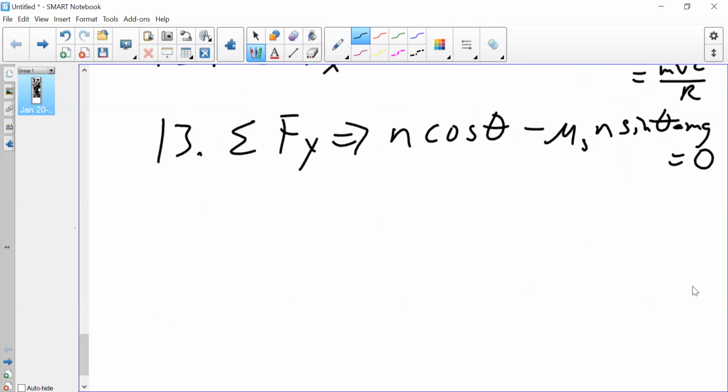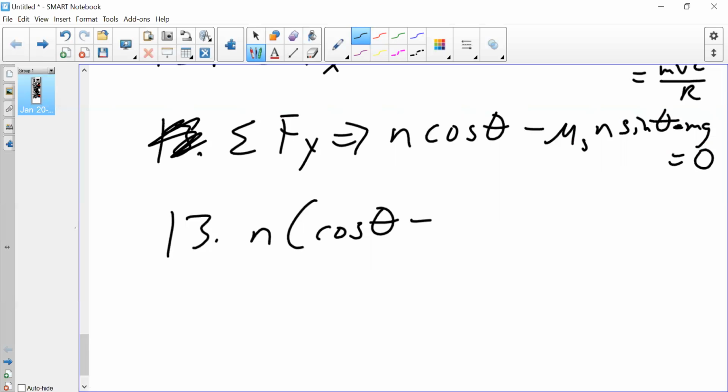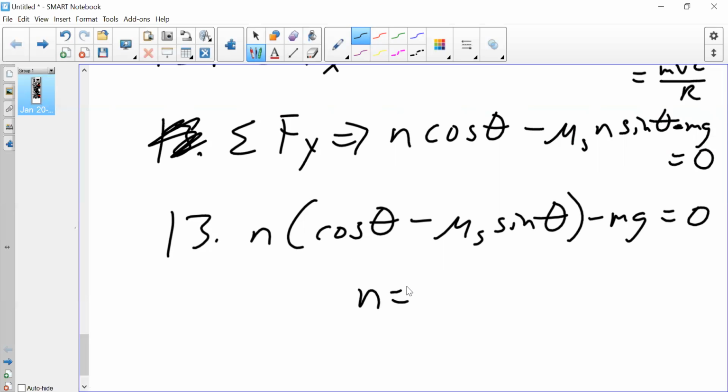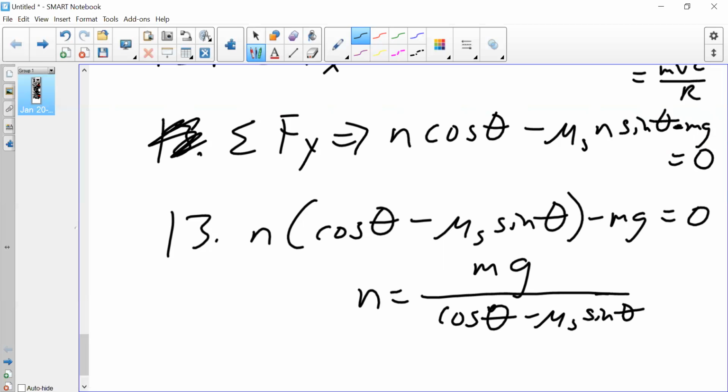On my paper, I had this is part of 12. Equals 0. And n equals mg over cosine theta minus mu s sine theta. So everything gets reversed.